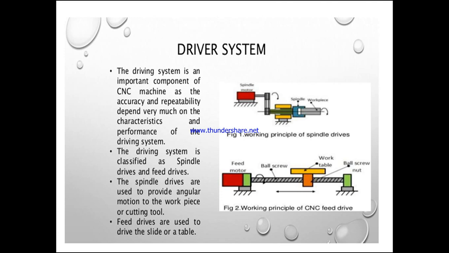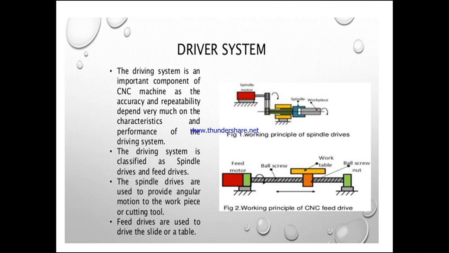You can see here the different types of spindle drives, feed, or speed; everything depends on it. The driver system plays a very important role when we talk about precision and accuracy, as the accuracy and repeatability depend upon the driving system.